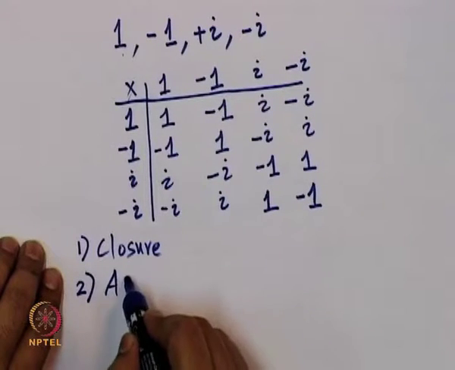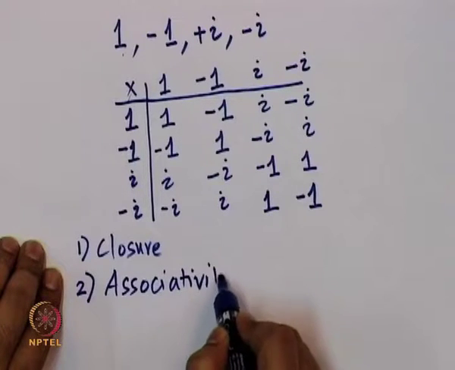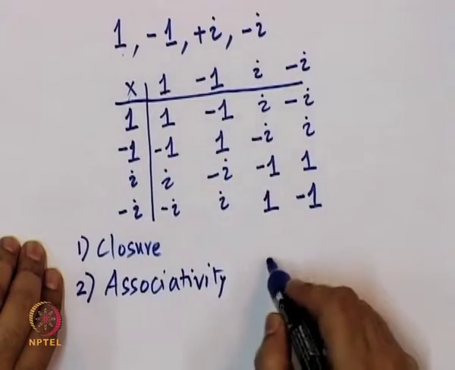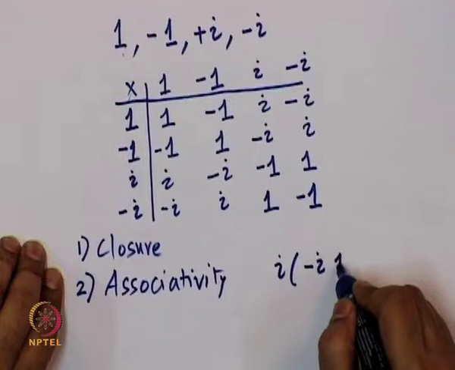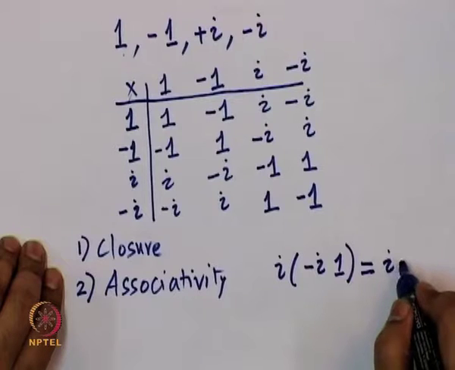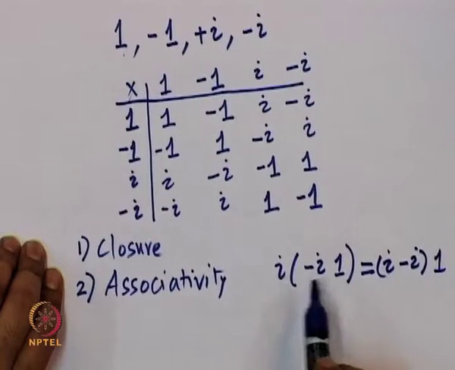Second property is known as associativity. This basically tells that the order in which you multiply is not important. For example, let us take I into minus I into 1, which is equal to I into minus I multiplying 1. Why is this?